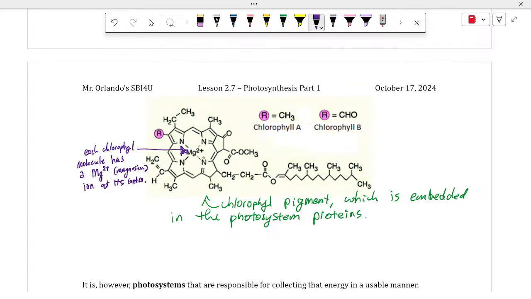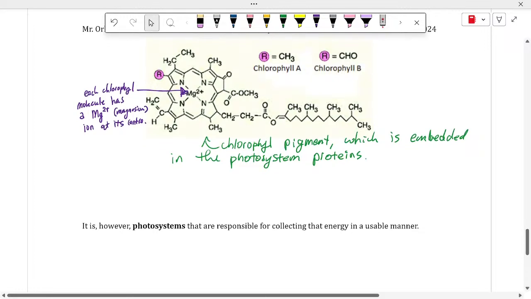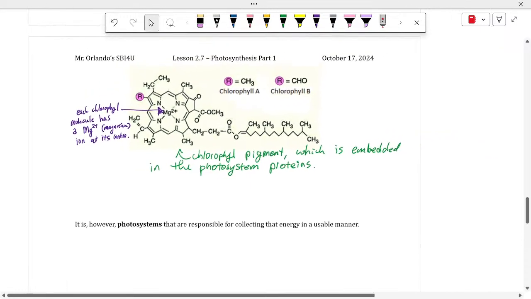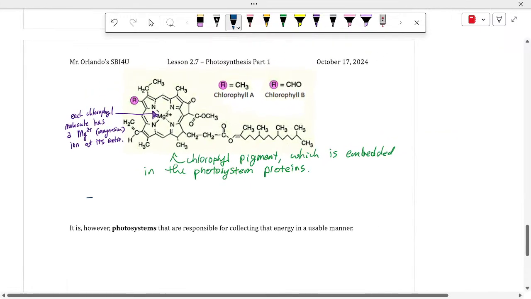This is a thing that you see sometimes where an organic compound will have an ionic component to it. It's kind of interesting. So this will naturally absorb light and dissipate that energy.